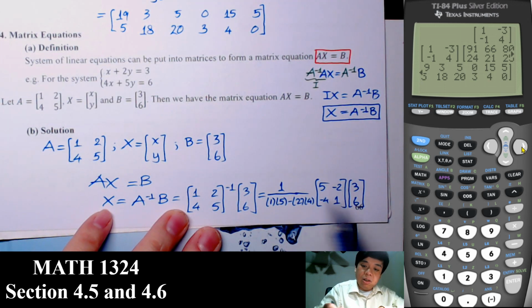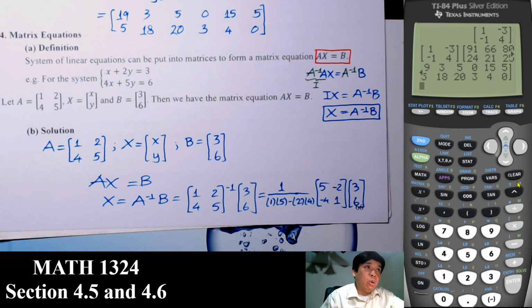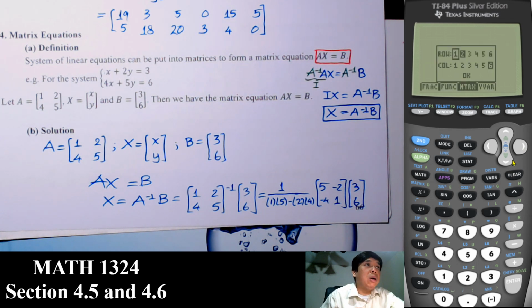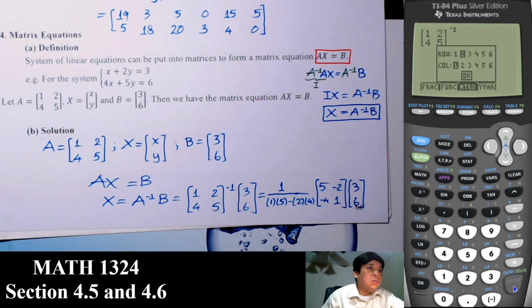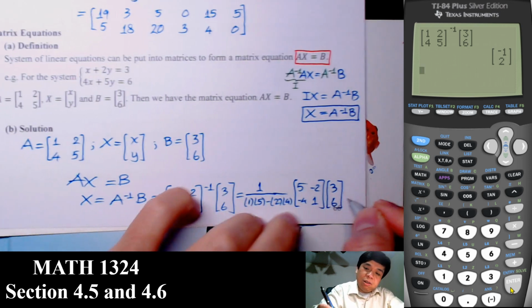We take the inverse and multiply by that. Here, I have the calculator already, so I'm just going to enter the matrix and multiply by 3 and 6. We get -1 and 2. So that's what we have.